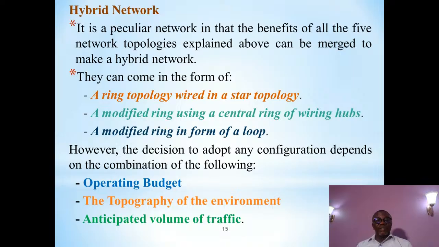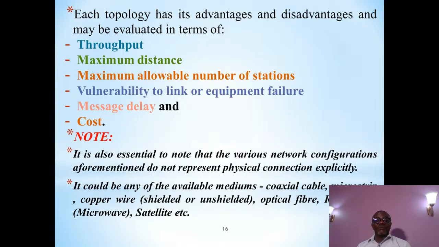However, the decision to adopt any configuration depends on the combination of the following: one, your operating budget, your pocket; two, the topography of the environment where you are rolling out your telecommunications; and three, the anticipated volume of traffic. Each topology has its advantages and disadvantages and may be evaluated in terms of: one, the throughput.